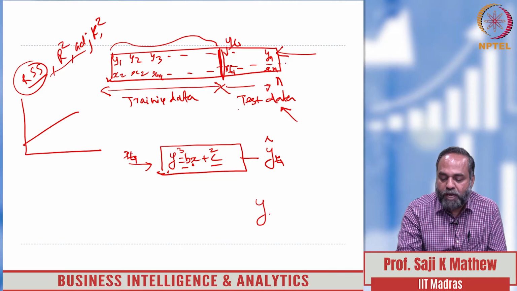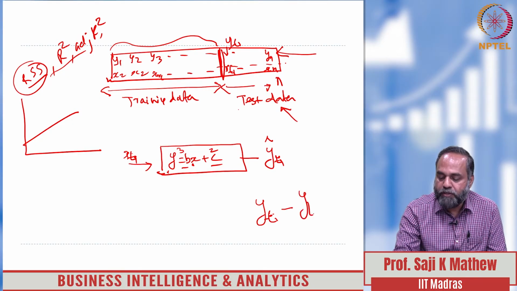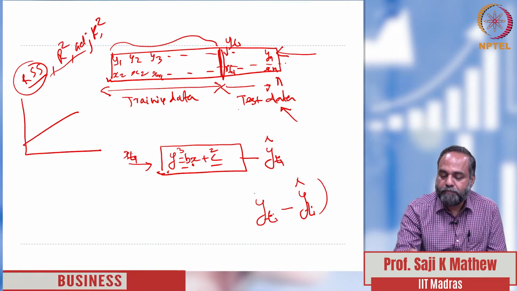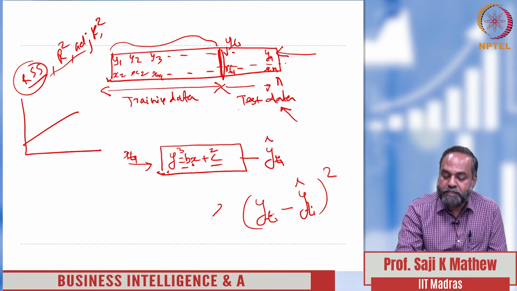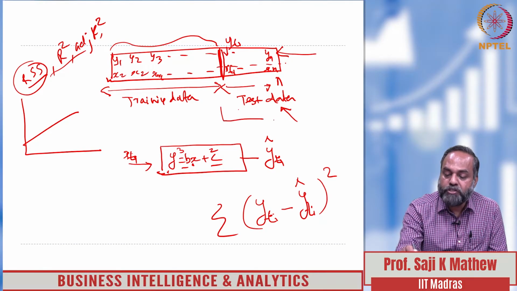a position now to calculate y ti minus y ti cap, the predicted value for test data i, and I can sum it for the entire range of this data.